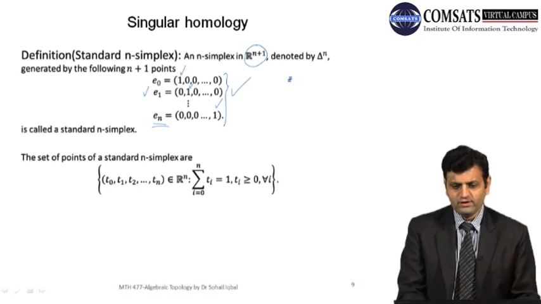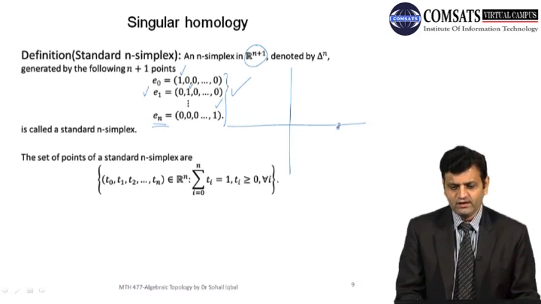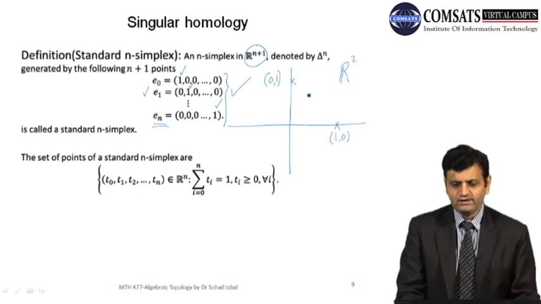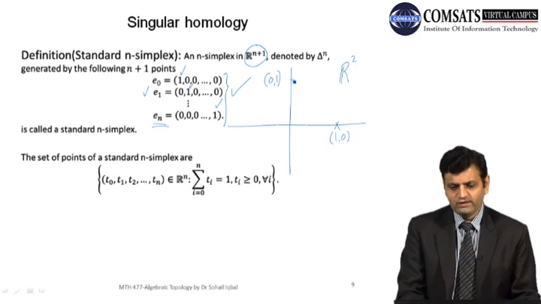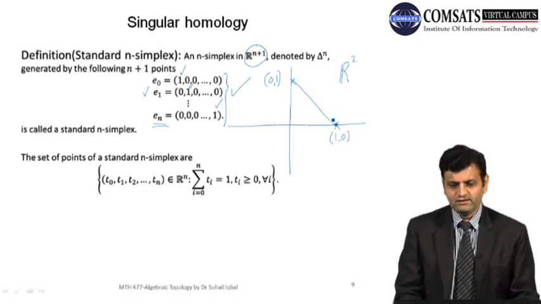For example, if you are in two-dimensional space, then the standard simplex of R2 is the line segment joining 1 0 and 0 1. We have already discussed that a 1 simplex generated by 2 points is basically the line segment joining the 2 points.